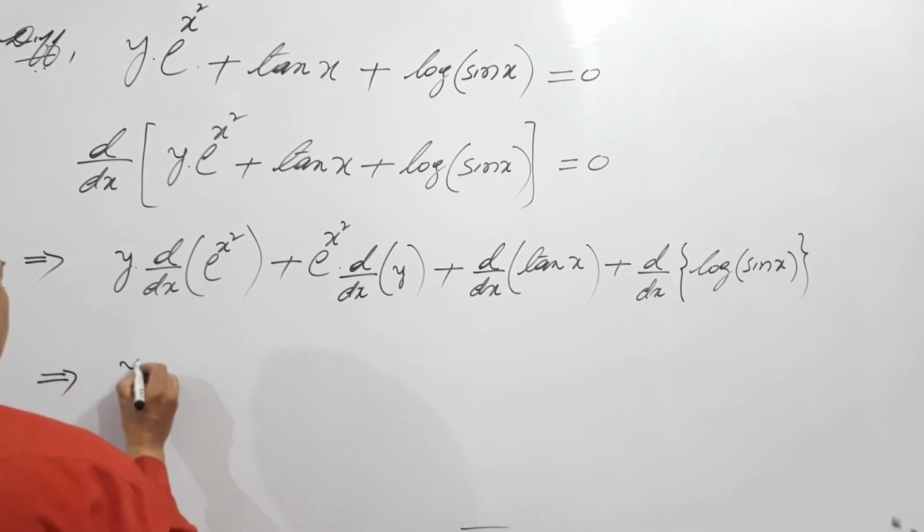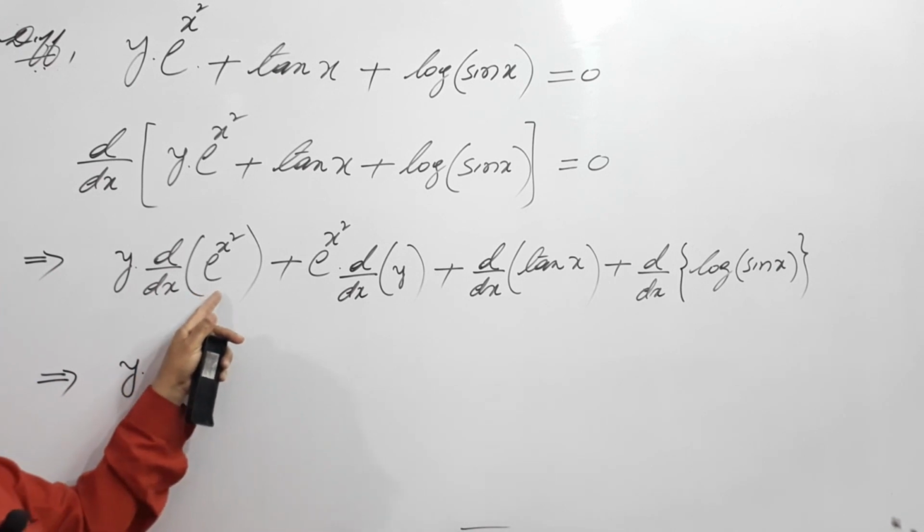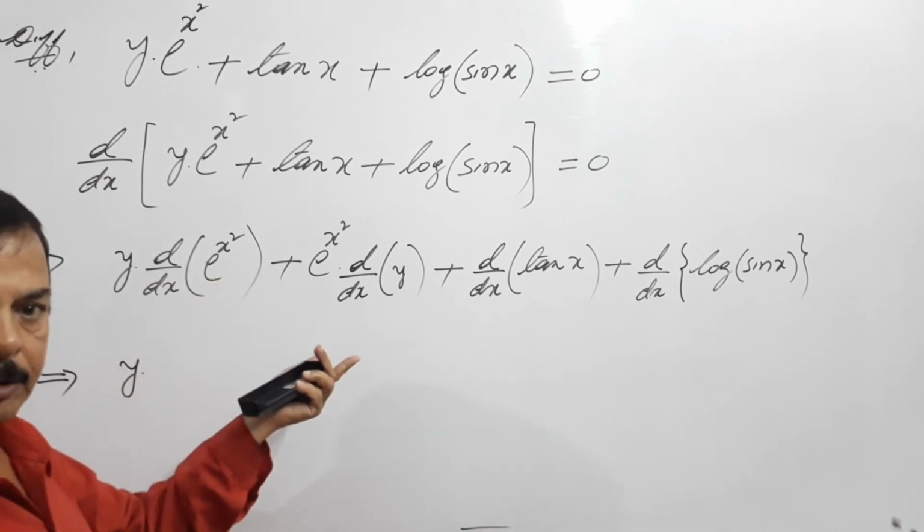This is y into e to the power of x is e to the power of x itself.